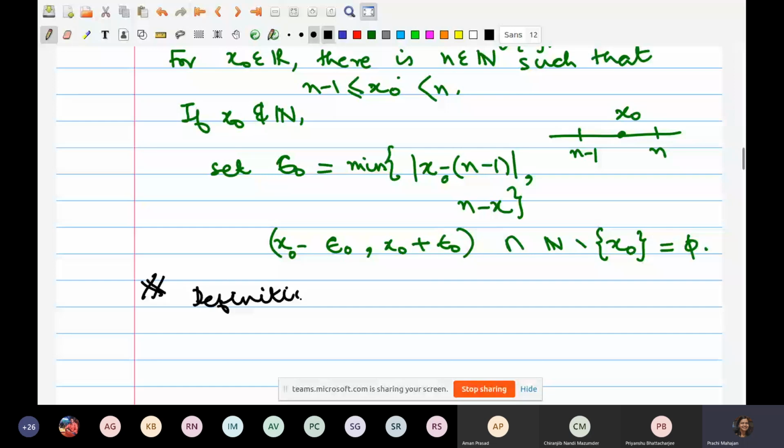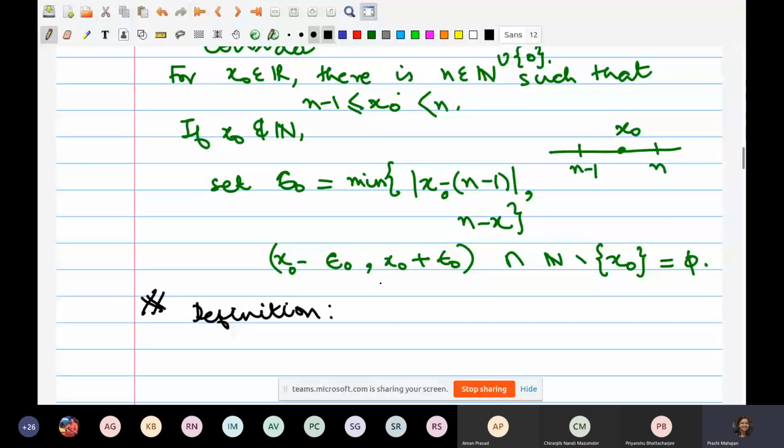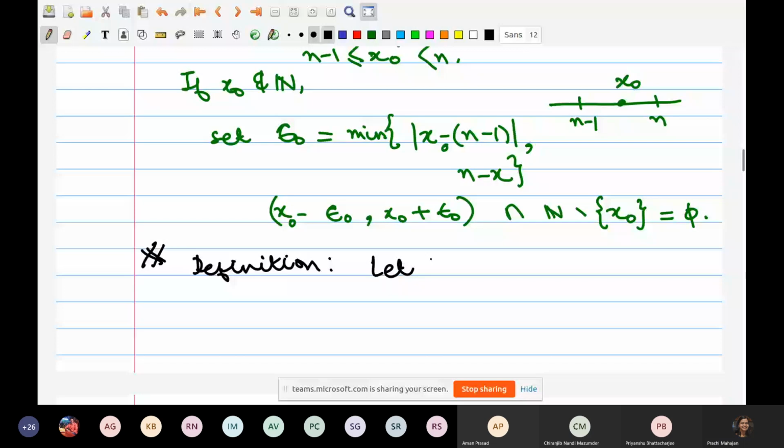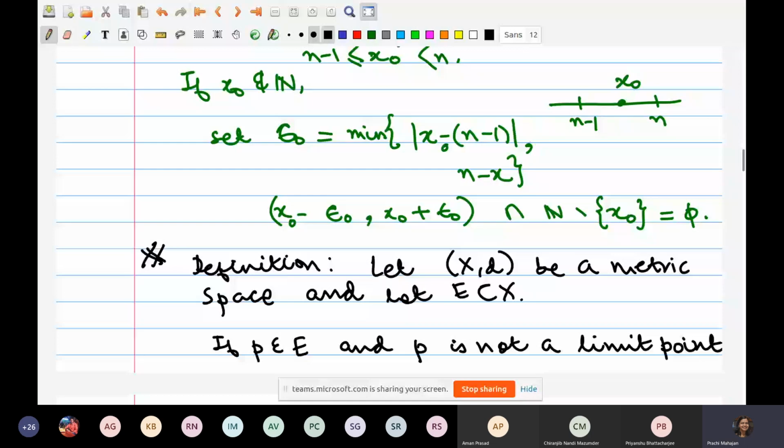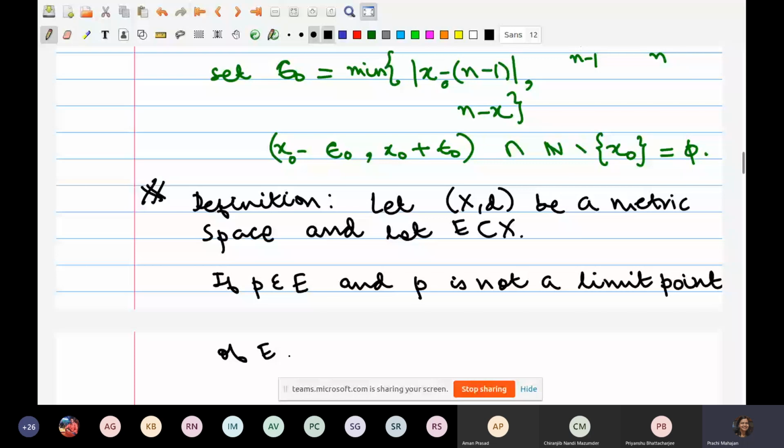Let (X, d) be a metric space, and let's consider a subset E of X. If p is a point of E and p is not a limit point of E, then p is called an isolated point.